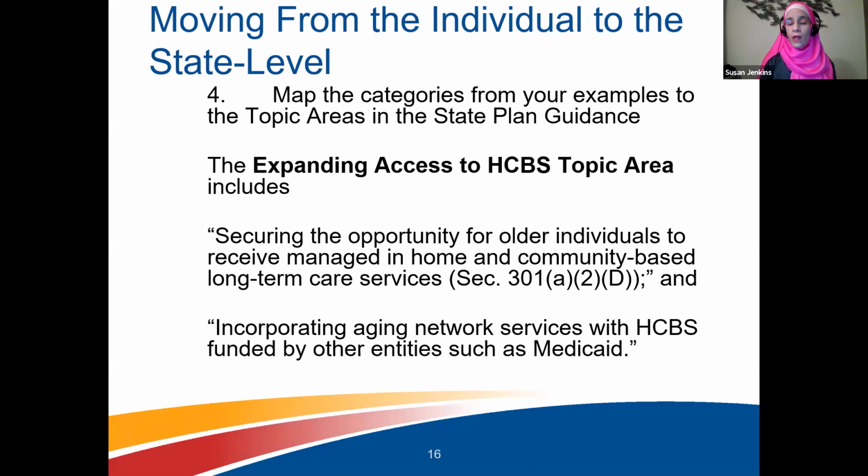So you could combine those under this category with other services that also fit under this category to then say, for our state or territory, we served X number of people. They indicated that these services were helpful to them, instead of having, again, 1 million different examples.